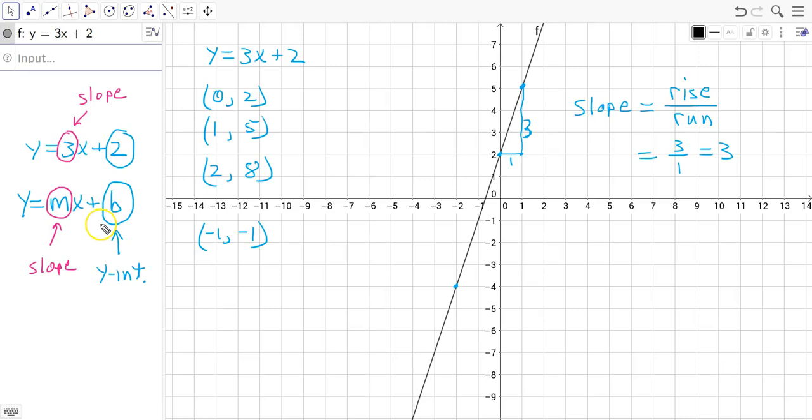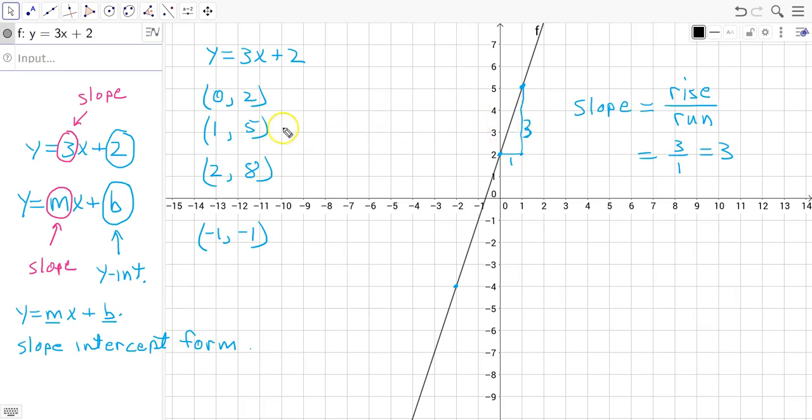And so we call this form, this y equals mx plus b form, the slope-intercept form for the equation of a line. Because we have our slope, that's the m, and our y-intercept is the b. So that's called our slope-intercept form.